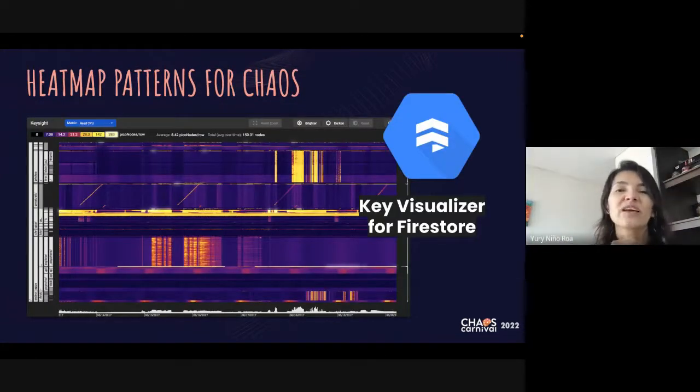So finally, I would like to talk about a great visualization for us. I am talking about heat maps. Heat maps are a common visualization strategy for us, as I mentioned. And Firestore provides Key Visualizer, a tool that helps you analyze your Firestore usage patterns in order to identify chaos generated by errors in the communication and performance of the databases.